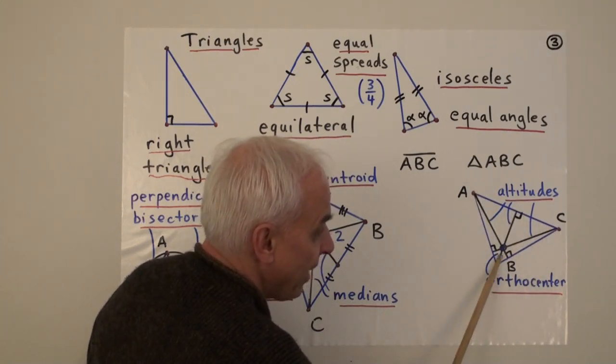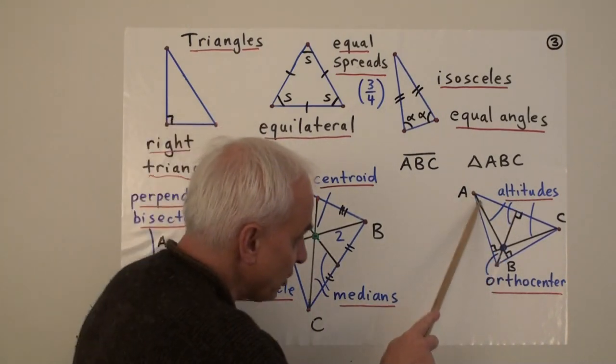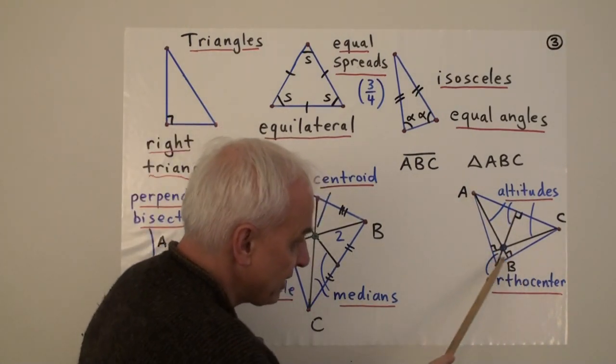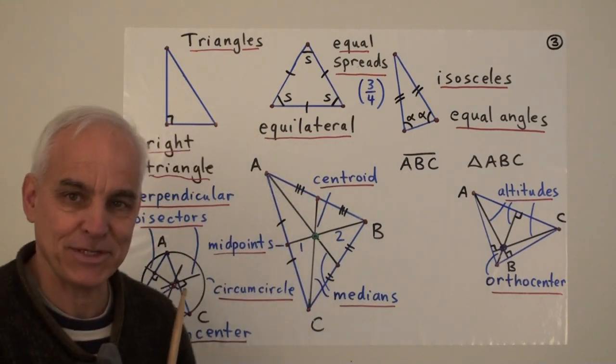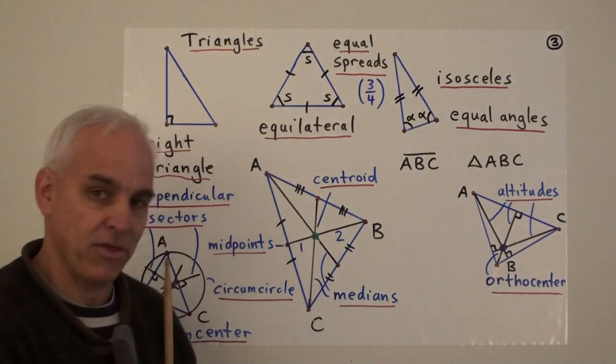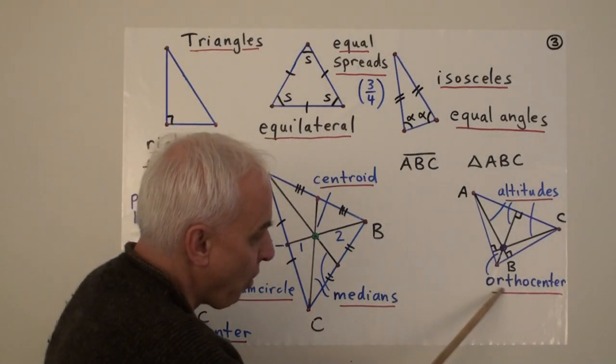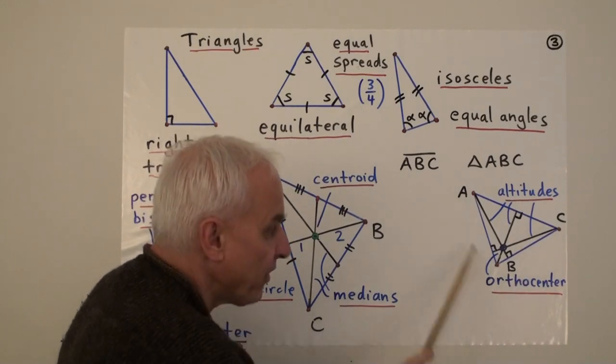This side and this line are perpendicular. There are 3 such altitudes, and then it's a beautiful fact that those 3 altitudes meet at a point, just the same way that the 3 medians meet over here. And this point is called the orthocenter of the triangle.